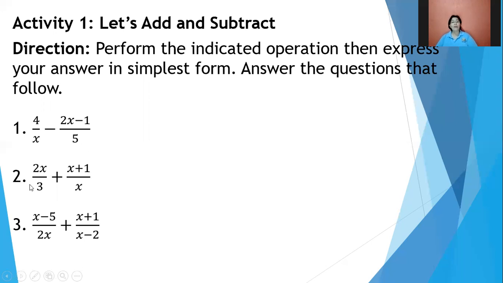For number 2, we have 2x over 3 plus x plus 1 over x. The LCD is 3x. For number 3, we have x minus 5 over 2x plus x plus 1 over x minus 2. The LCD is 2x quantity x minus 2. Okay? You have to continue, then answer and simplify.